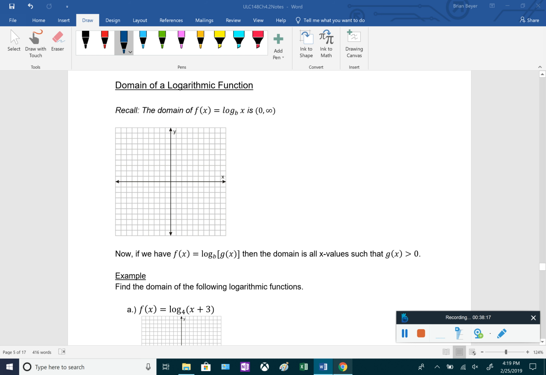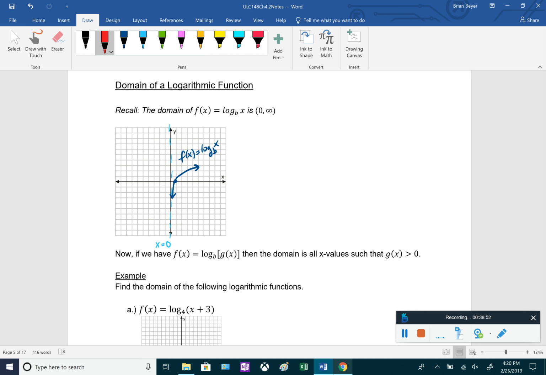So recall from several pages ago, the domain of a logarithmic function, when it's in the form log base b of x, the domain is 0 to infinity. So if we looked at this graphically, we know that log base b of x has a vertical asymptote at x equals 0, and the graph would look something like this, depending on what b is, but in general, same shape.